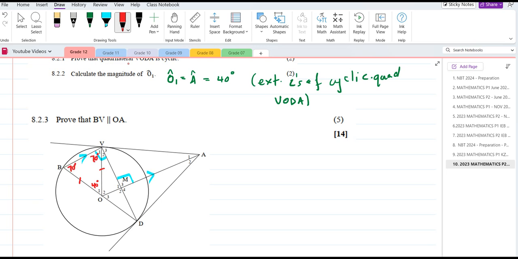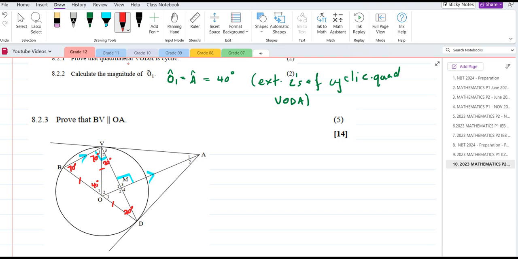Then what will angle D be? Remember, sum of angles of triangle. We can say this is 70, that's 90, so angle D will be 20. Okay, so we don't need to do that. If this is 20, we can just say angle at center equals twice angle at circumference, so that's 20. Then we know that these are also isosceles, so that's also 20.